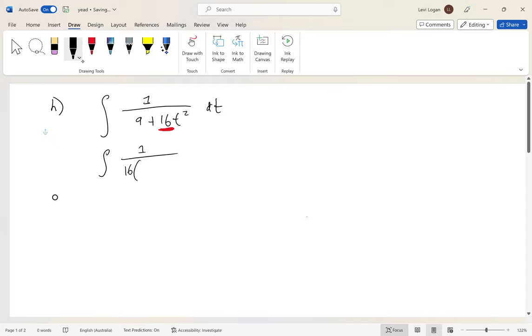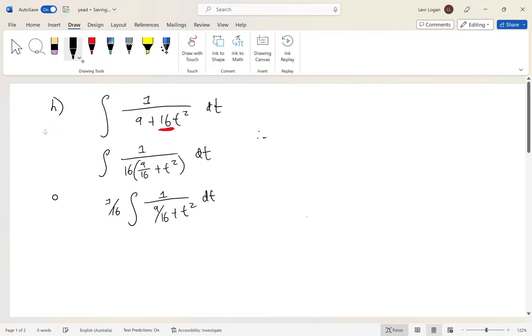So if you factorize here, you'll get 9 over 16 plus t squared dt. Because if you multiplied that in, that would give you 9 here and 16 here. So we can take the 1 over 16 outside the integral. So we get 9 over 16 plus t squared dt.